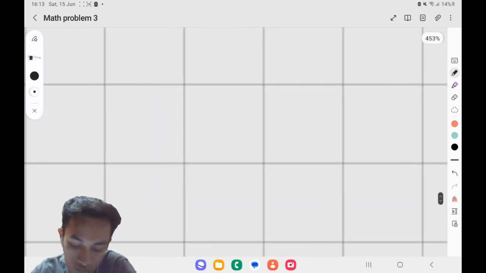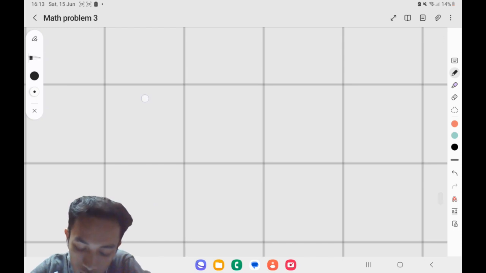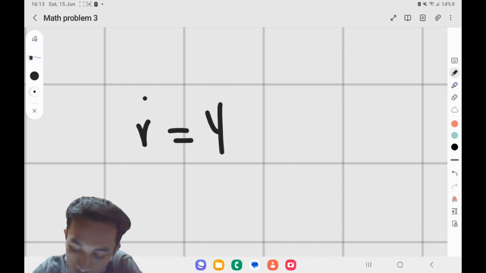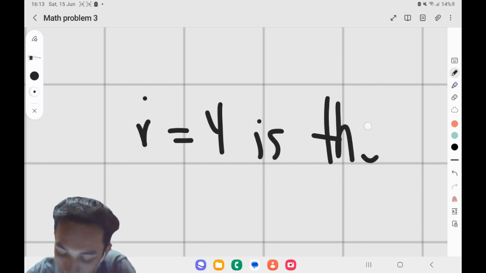So we can conclude that r equal to 4 is the minimum value.